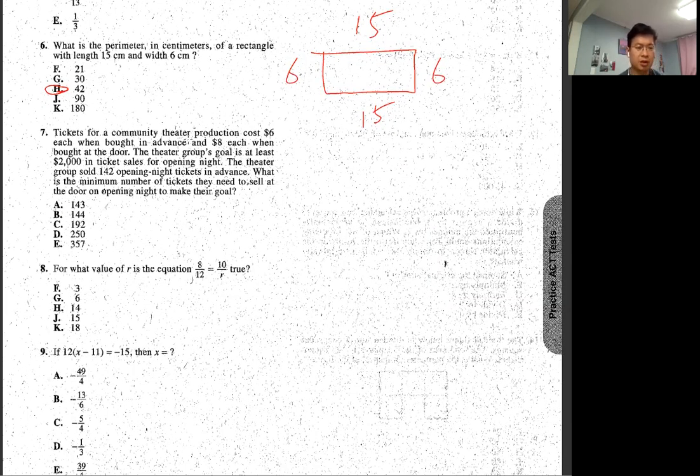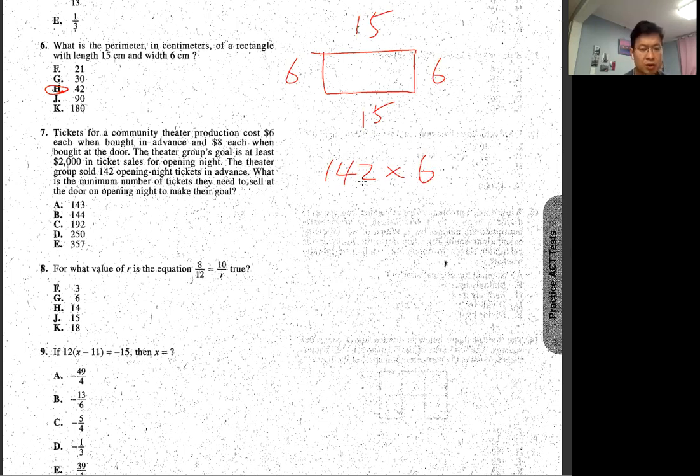A ticket for a community theater production costs $6 each when bought in advance, $8 each when bought at the door, and then the theater group's goal is at least $2,000 in ticket sales on opening night. The theater group sold 142 opening night tickets in advance. So 142 times $6 each, right?